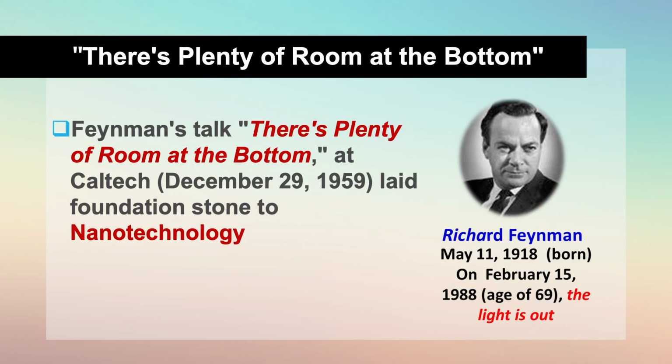Moreover, in one of his world famous talks, "There is plenty of room at the bottom," given at Caltech on December 29th, 1959, he laid the foundation stone of nanotechnology.